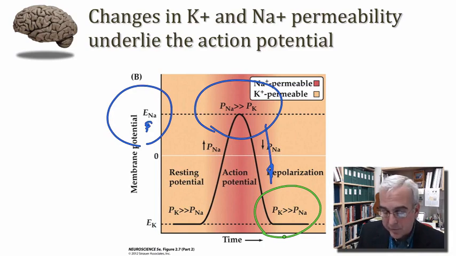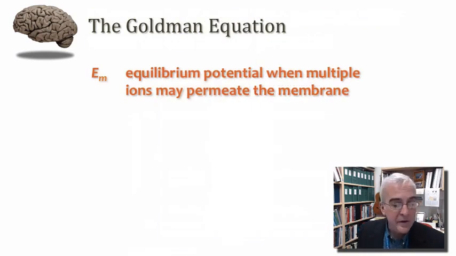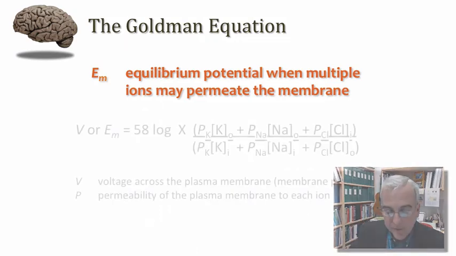Okay, now in order to review all of this in yet a different mode of learning, I would encourage you to consider our formal expression for these changes provided by the Goldman equation. And again, I would remind you that the Goldman equation allows us to calculate an equilibrium potential when there may be multiple ions that can permeate through the membrane.